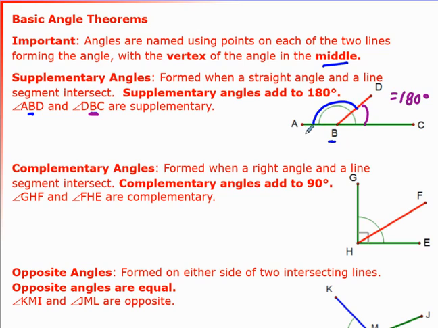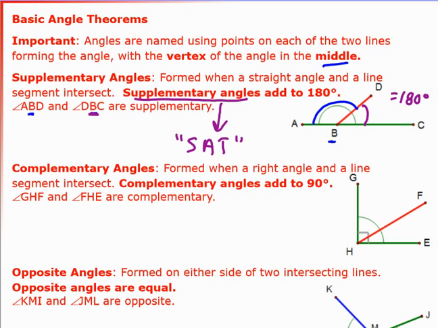It's easy to remember because this is all formed on the basis of a straight line, 180. So if we know one of them, we can subtract from 180 to get the other one. Now, with a supplemental angle, we always come up with these short forms. So we're going to call this the SAT theorem, supplemental angle theorem.